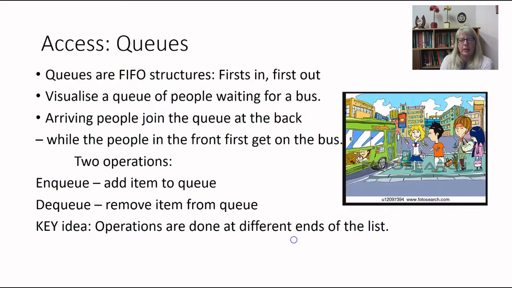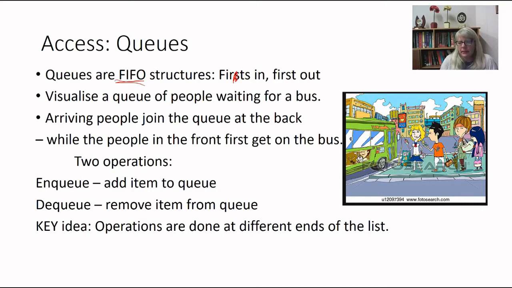Okay, let's visit queues. So you know now, a stack is restricted. It can only have access at one side. A queue is less restrictive. It's called a FIFO. Do you know FIFO? First in, first out. What does it mean?